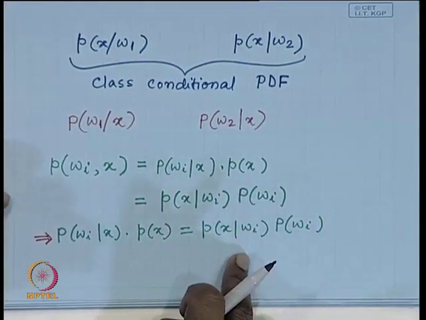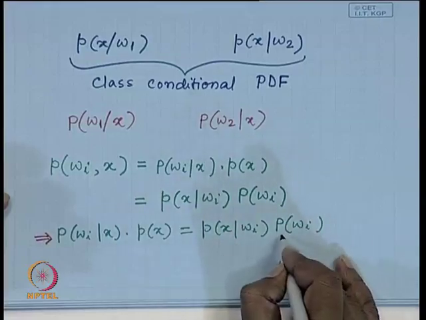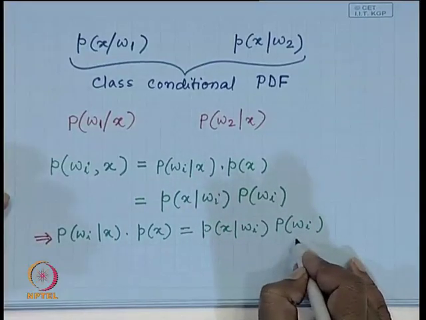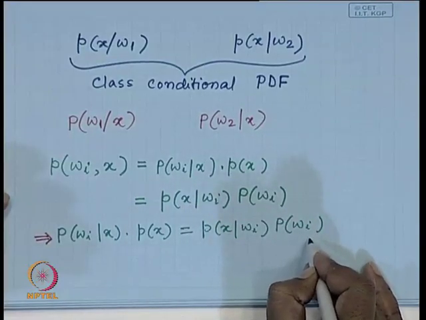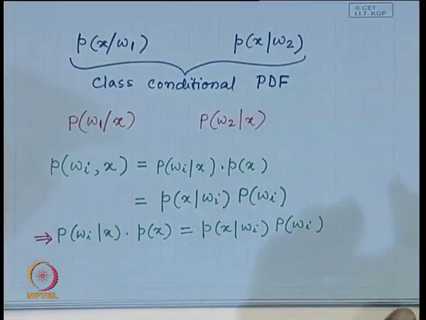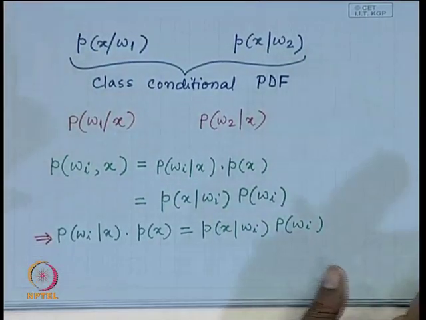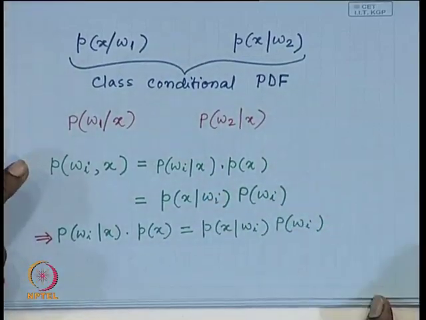Now, from here, I already know p of omega i, that is the a priori probability, based on the history of classification in that particular firm: how many objects have been rejected, how many objects have been accepted out of the total number of objects produced.